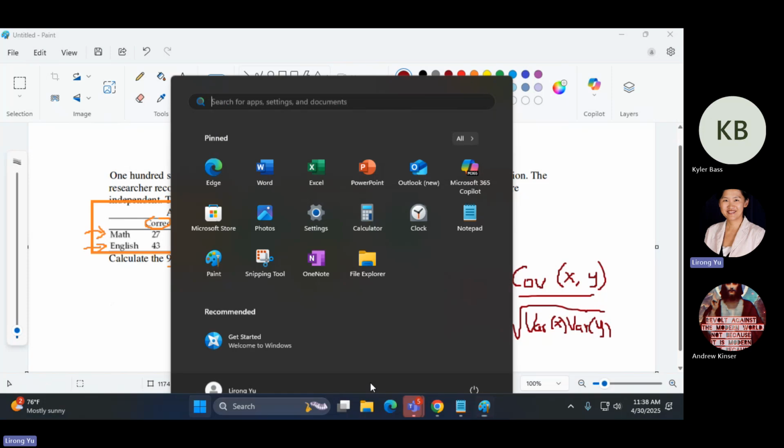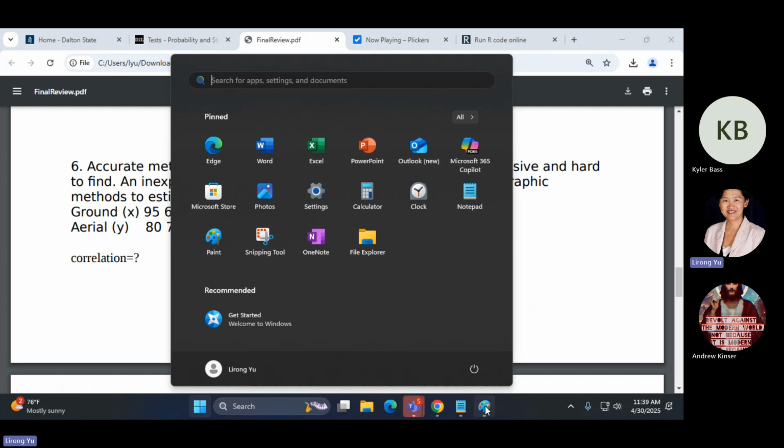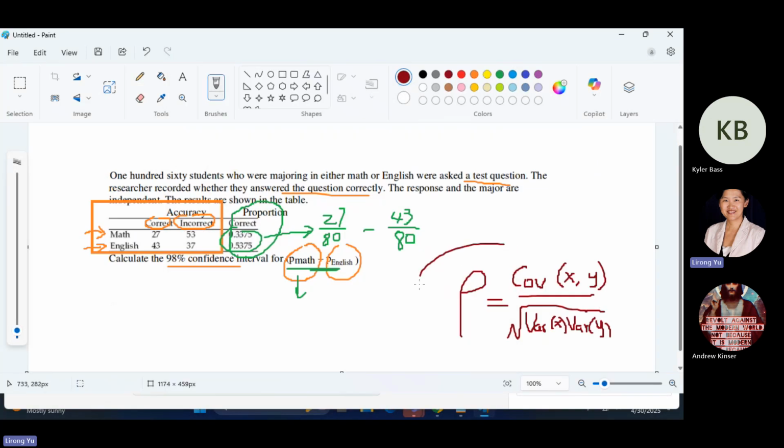If you want to use R to help you with your numerical calculation, you can enter the data. The correlation function is cor, and that may be a little bit faster than doing the correlation by hand yourself. Any question? So that was the formula we're using in chapter 4, but we don't have to do that.